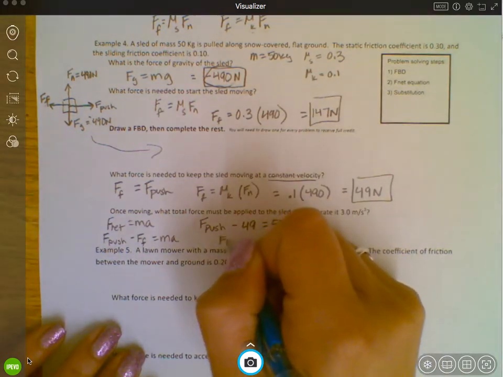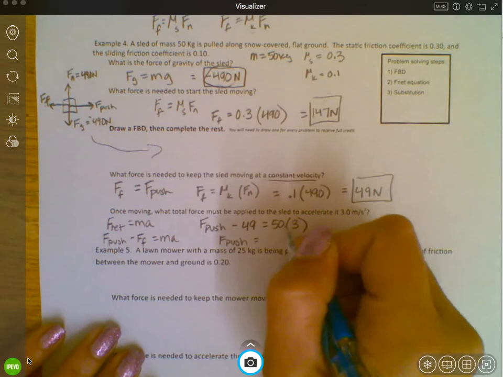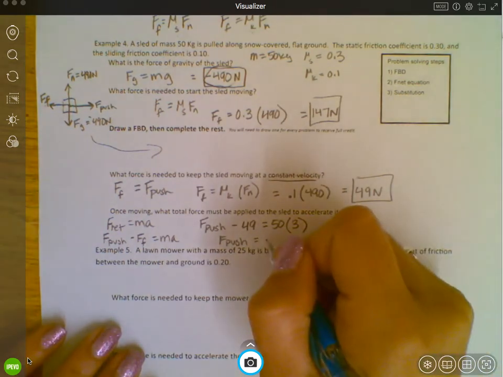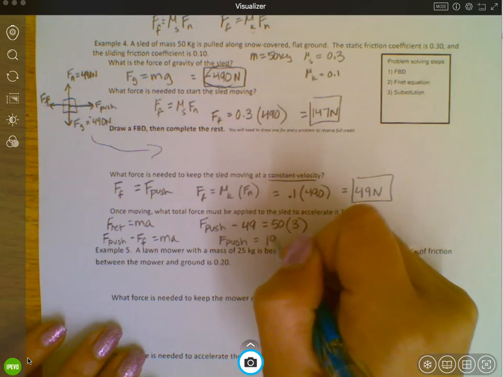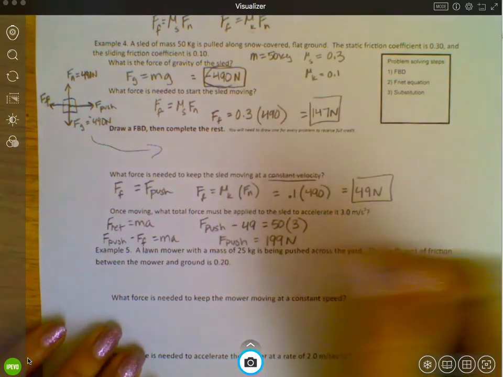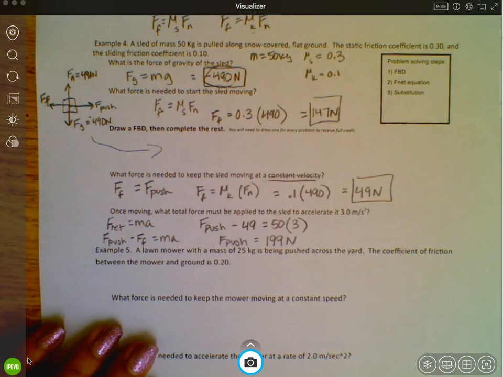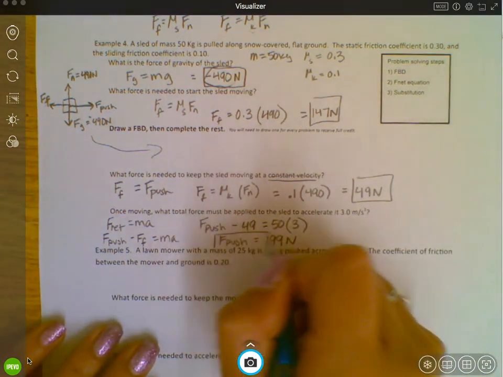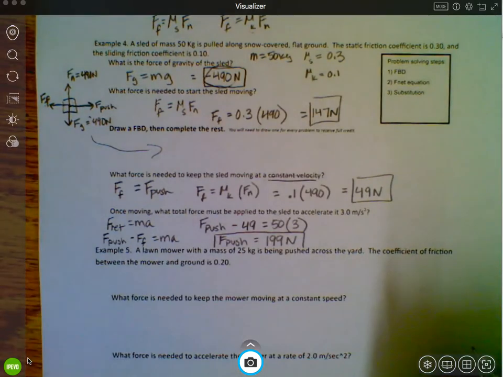So F push is 150 plus 49, so it'd be 199 newtons in order to accelerate the sled at that rate, at 3 meters per second squared.